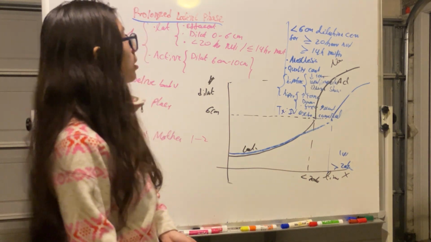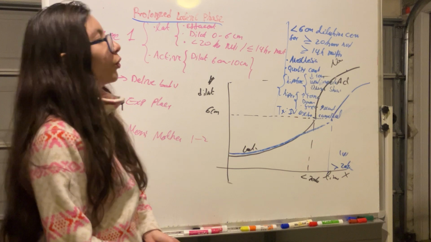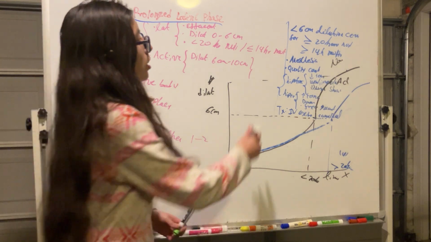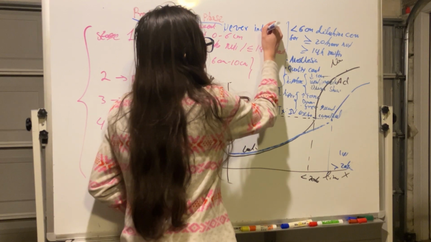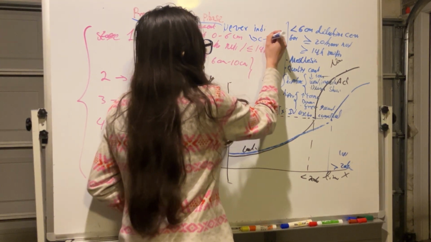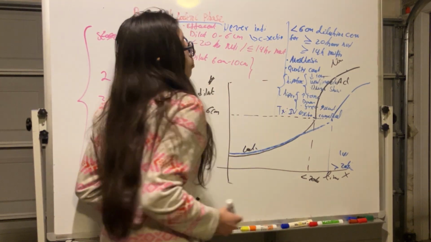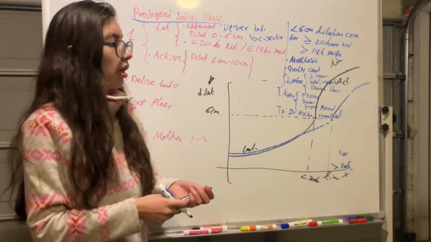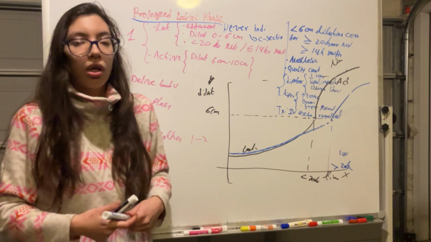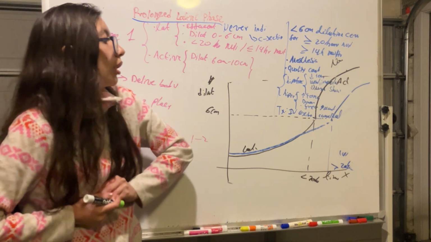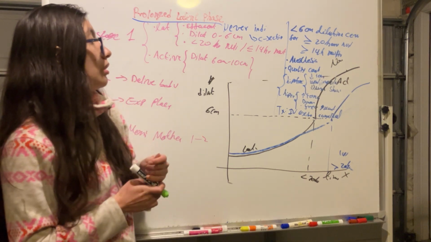So as a general rule of thumb, prolonged latent phase is never an indication to do a C-section. Sometimes because the woman has been a lot of time in latent phase and to speed things up, we can do a C-section, but that is not a true indication to do a C-section.